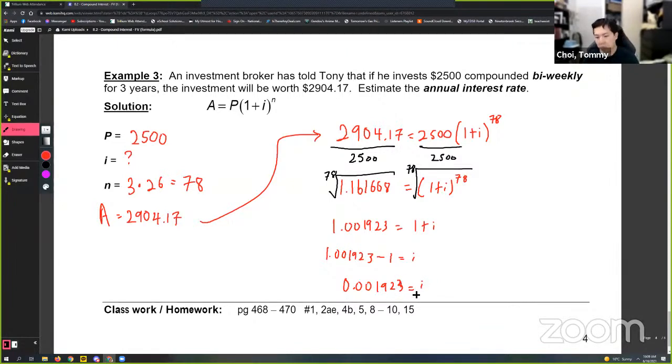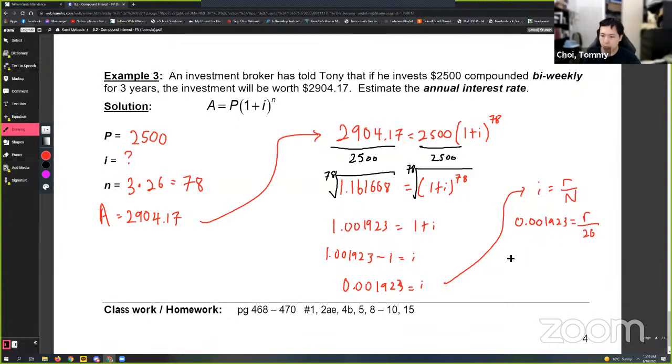Am I done? No, because I is equal to R over N. And we want the annual interest rate, not the compound interest rate. So we actually have to do a little bit more here, which is 0.001923 is equal to R over 26.